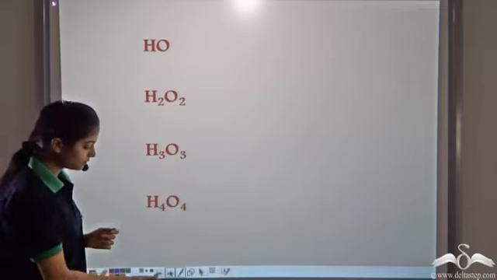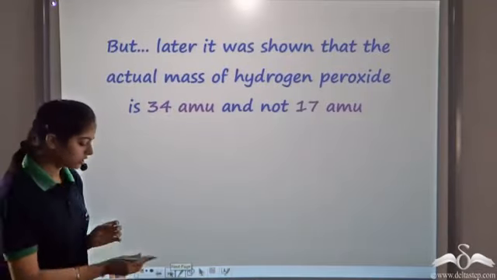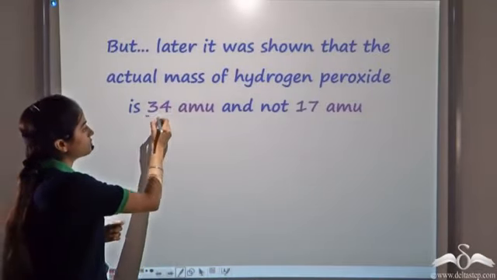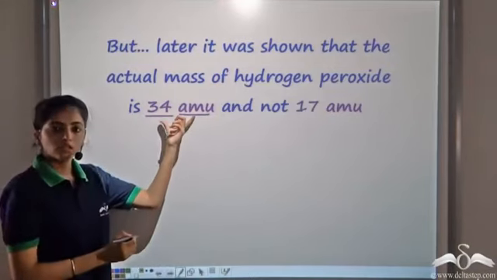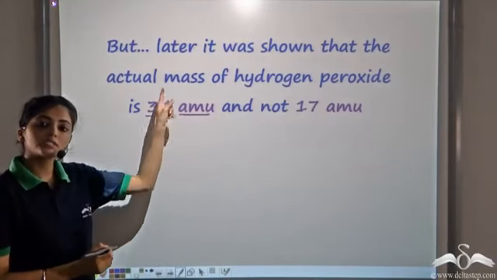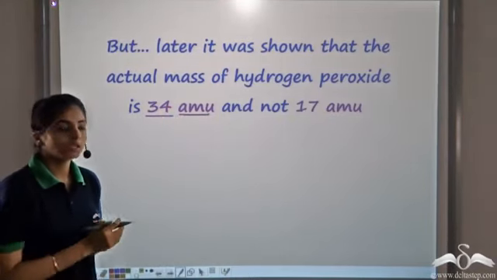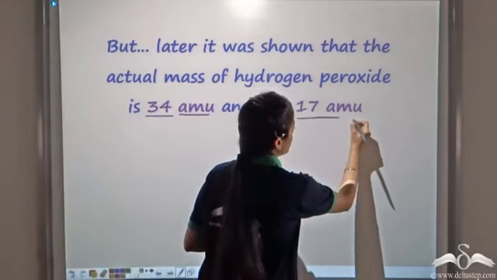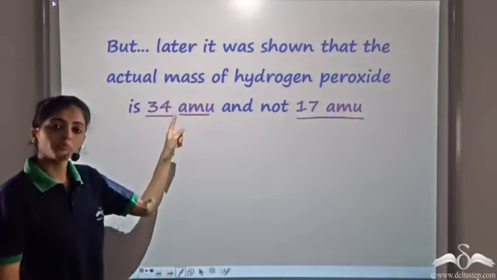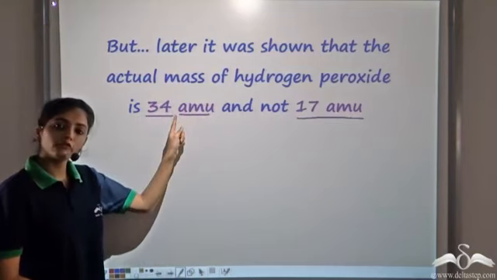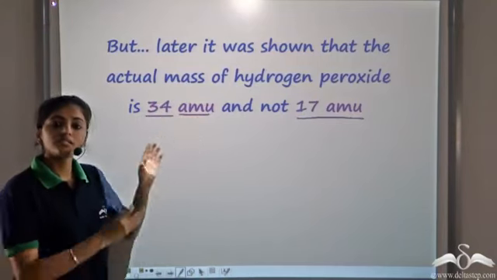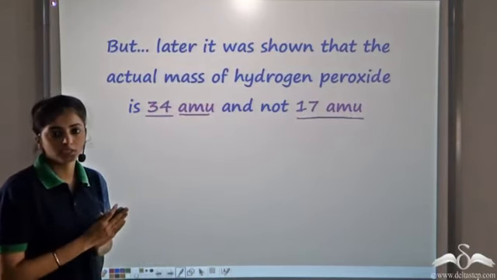Now later on, experiments showed that the actual mass of hydrogen peroxide was 34 atomic mass unit and not 17 atomic mass unit. So from now, we know that 34 atomic mass unit is the actual weight of hydrogen peroxide.